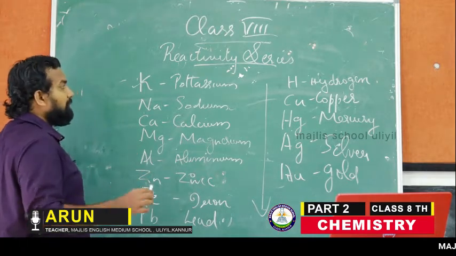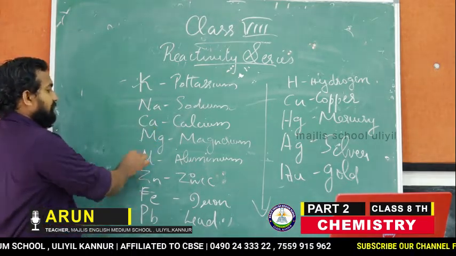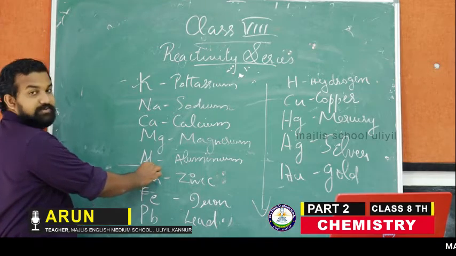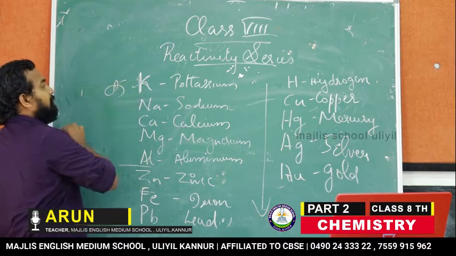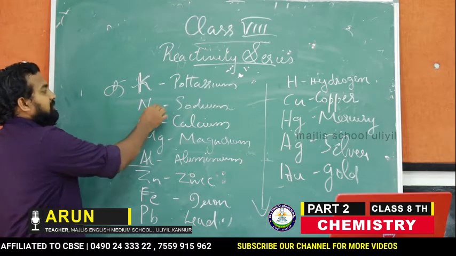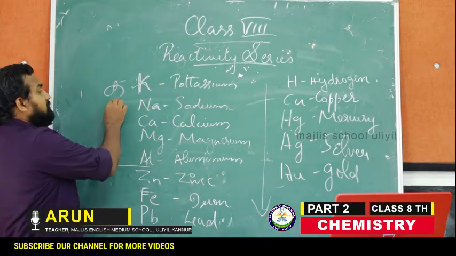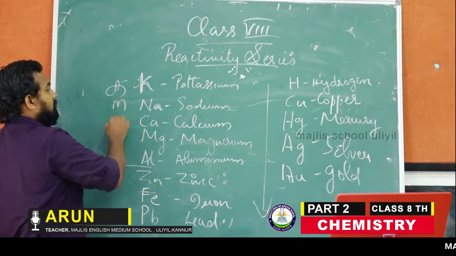One small tip in order to study easily the first five elements: potassium is denoted by the letter K, in Malayalam it is Ka. Then sodium is Na.